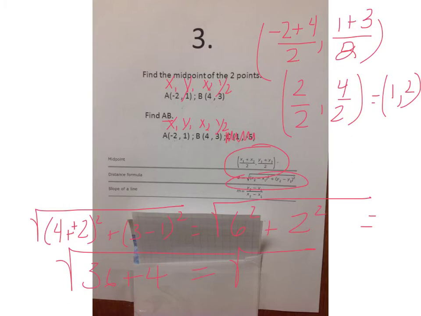So we get the square root of 40, which reduces down to the square root of 4 times the square root of 10, which is 2 square roots of 10. And you plug that into the calculator and it's about 6.32.